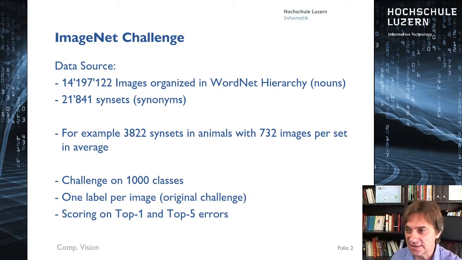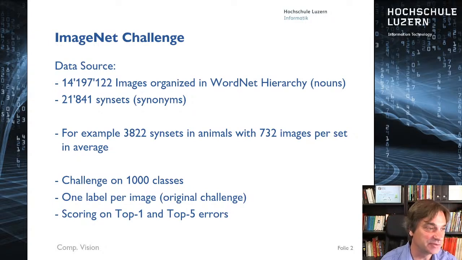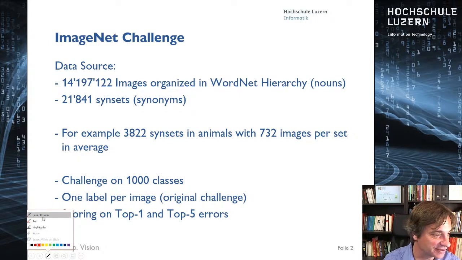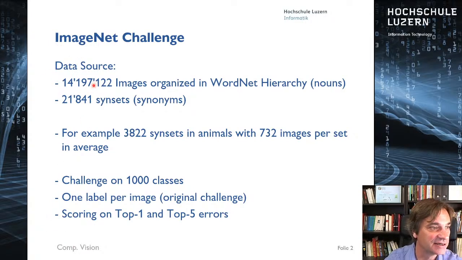This data set consists of a lot of images, like 14 million of them, and they're organized as nouns. Each image depicts one specific concept, and as sometimes there are different nouns for the same concept, they are organized in what is called a syn set, or synonyms.